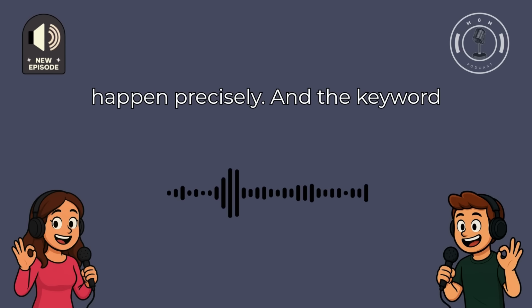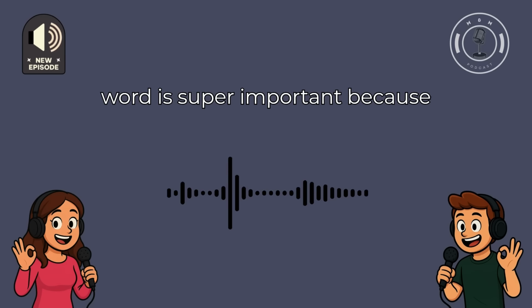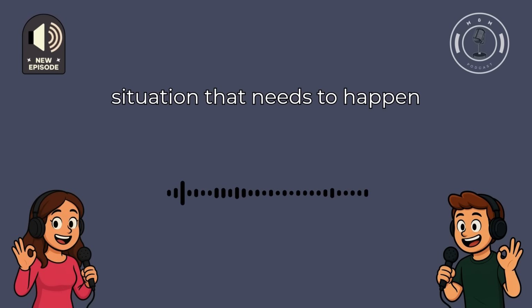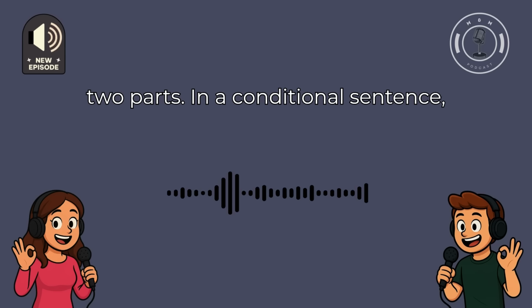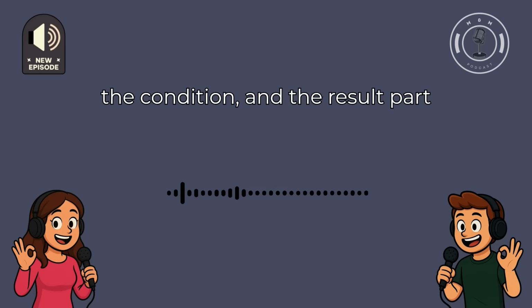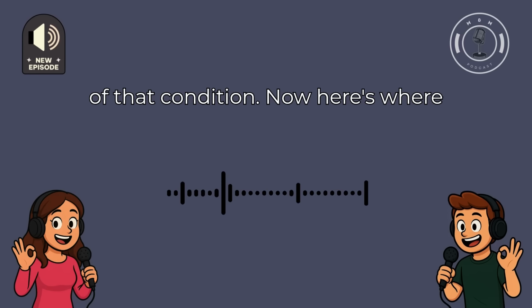Precisely. And the key word here is if. That little word is super important because it introduces the condition, the situation that needs to happen first. Right. So you've got two parts in a conditional sentence, the if part, which sets up the condition, and the result part, which tells us what happens because of that condition.